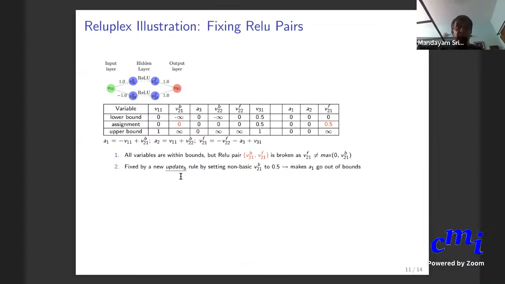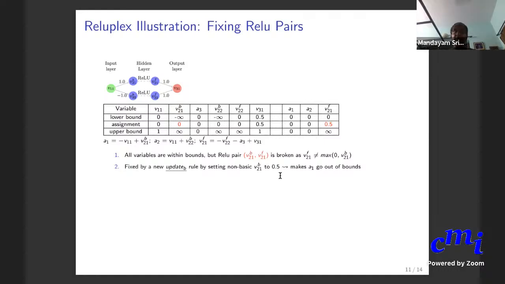This is fixed by introducing a new update rule. Whenever a ReLU pair is broken, and either the backward or the forward variable that form the ReLU pair is non-basic, then you fix it so as to make this condition satisfied.